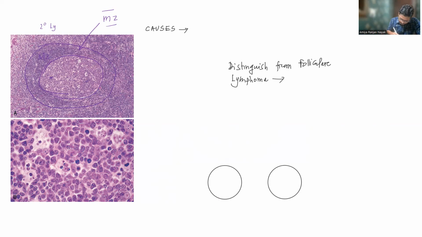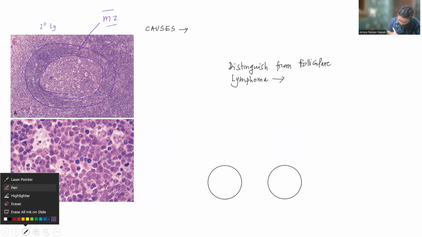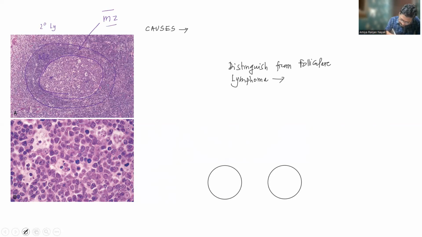This slightly darker area is the dark zone, which is made up of centroblasts. And this area, which is slightly lighter compared to the dark zone, is known as the light zone, which is made up of centrocytes.